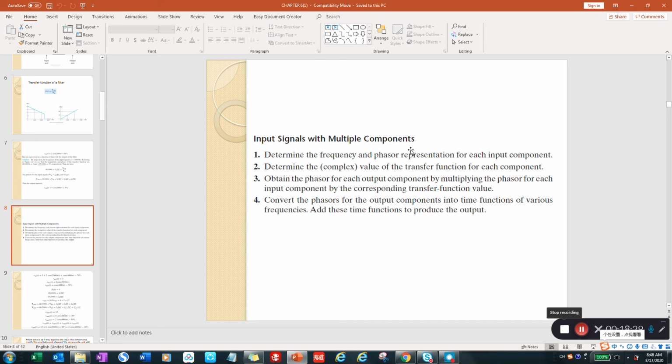Now, first you should determine the frequency and phasor of your original signal. That means you write your original signal in the form of the phasor representation. Then you figure out the frequency for each of the components.